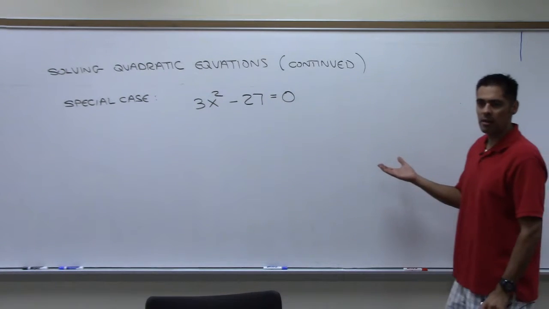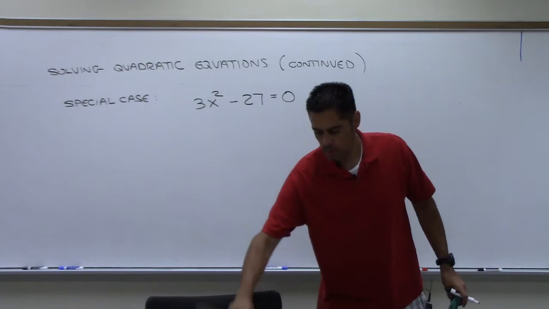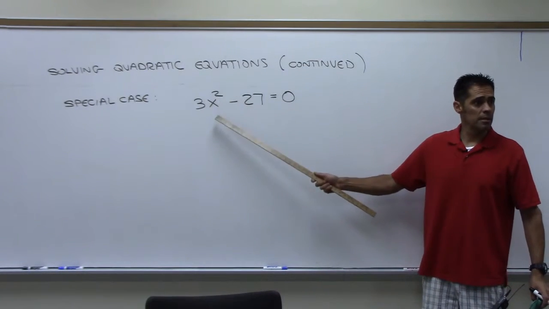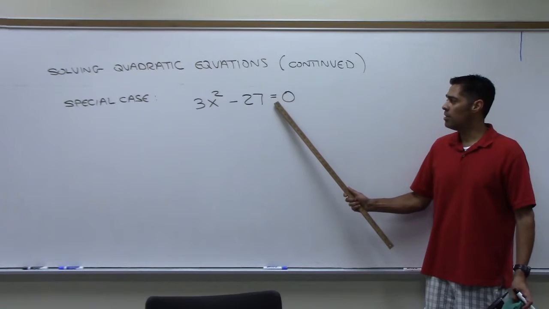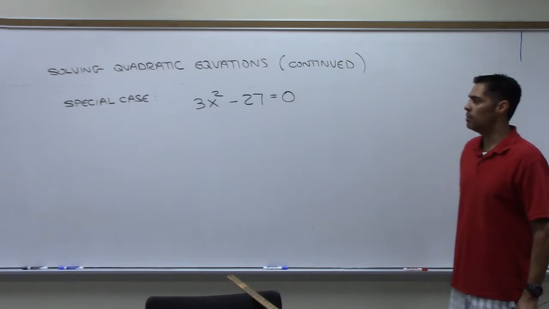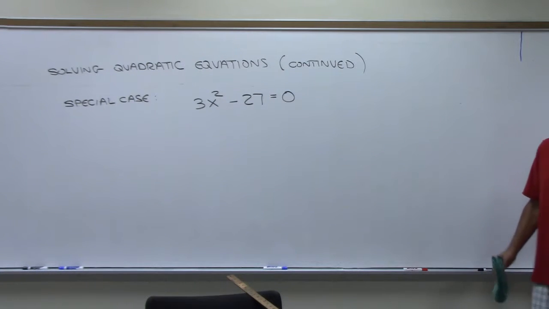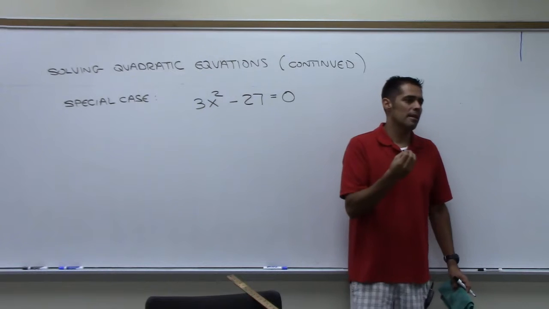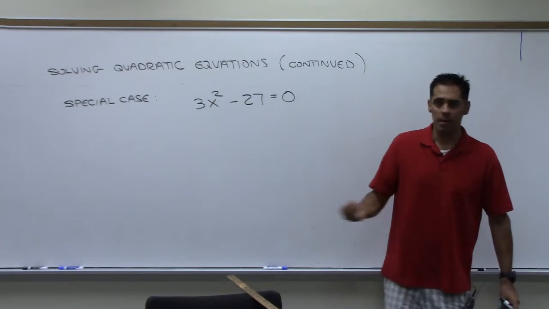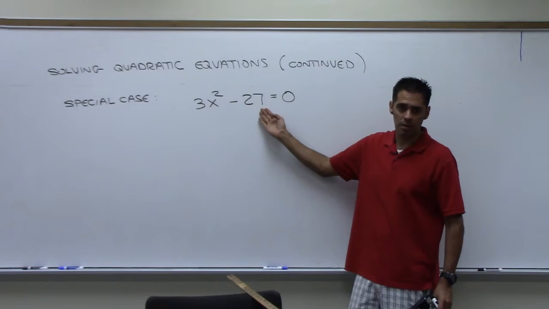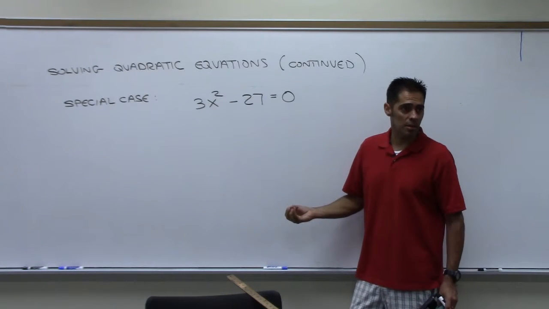Is this a quadratic equation? What makes it quadratic? The x squared, right? What is different from this in the previous problems? It only has 2 terms, right? It's not 3. It's missing the x term, right? We have an x squared term. We have what we consider a constant term, but we're missing the x term.